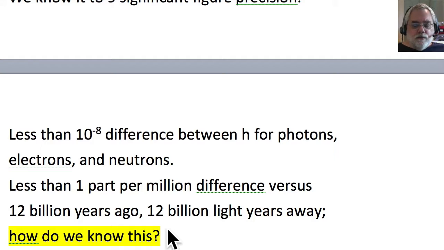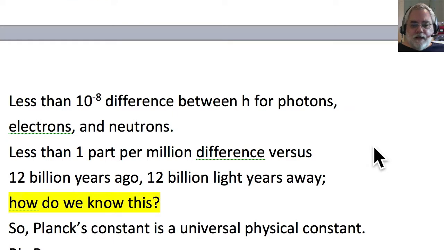And we can also check the value of Planck's constant that produces those patterns from that star from 12 billion years ago against here on Earth, and it differs by less than 1 part per million. So that lets us say that Planck's constant is a universal physical constant.